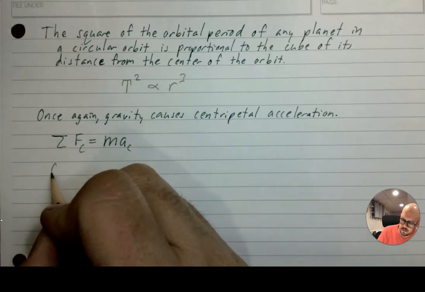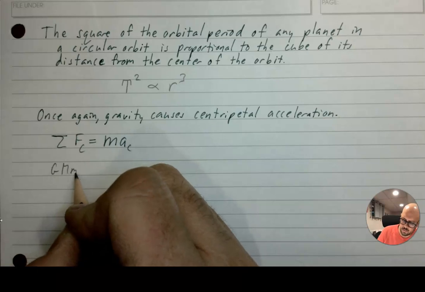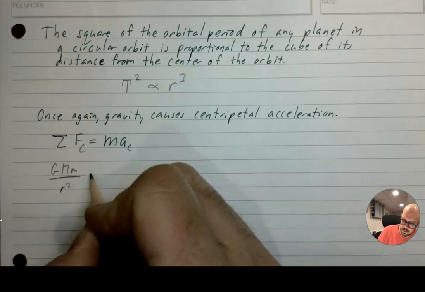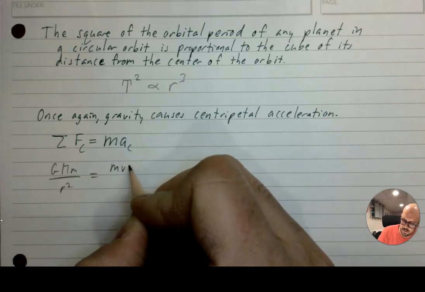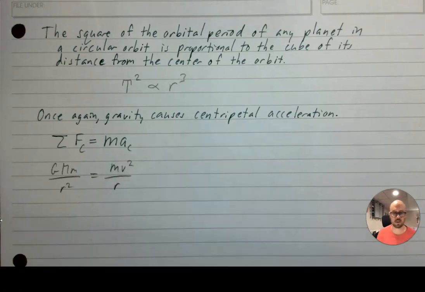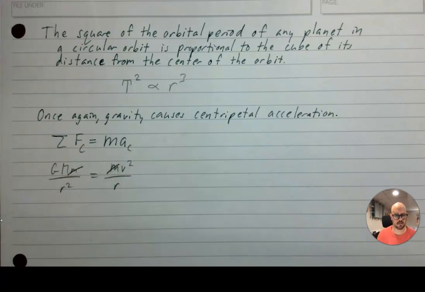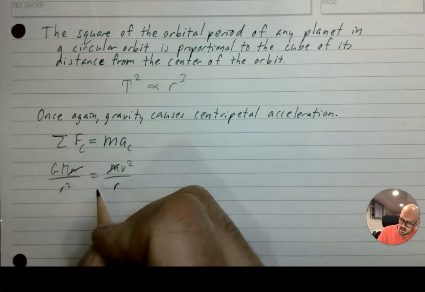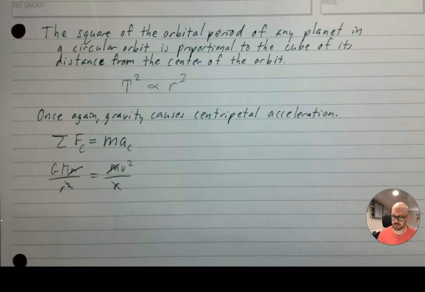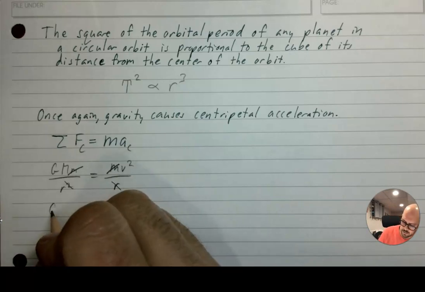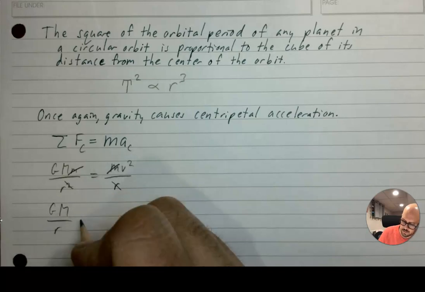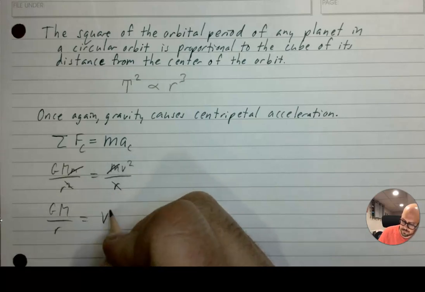Gravity is the only force, and that causes net centripetal force, which is mv squared over r. Once again, the mass of the satellite cancels. Here little m is the mass of the planet, whereas big M is the mass of the star. One of the r's can be multiplied away, and we are left with a very similar equation. It's actually the same equation that we saw in the previous video.